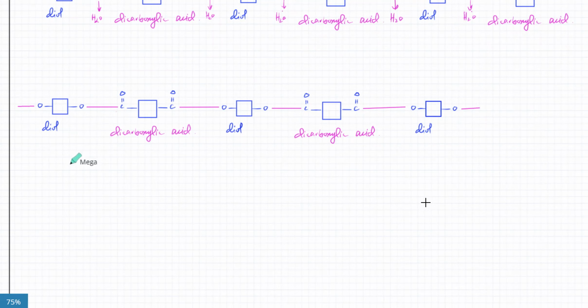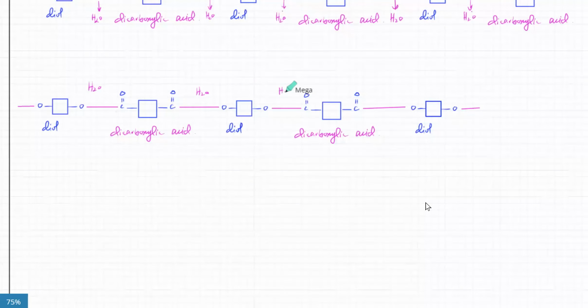It's a condensation reaction. Every time a water molecule is going to be produced in this reaction, जब भी एक वो बनेगा बीच में से water molecules release होंगे. So water molecules are going to be produced every time. And this is known as an ester link.